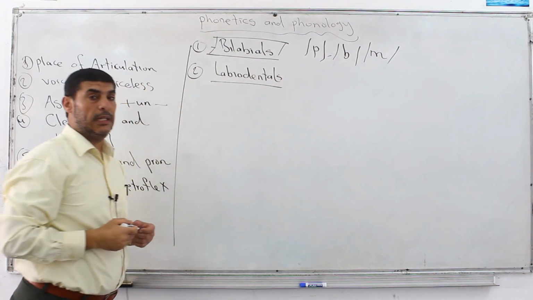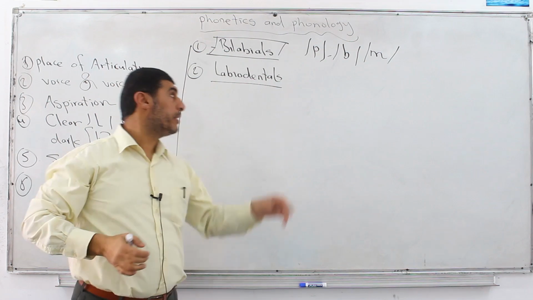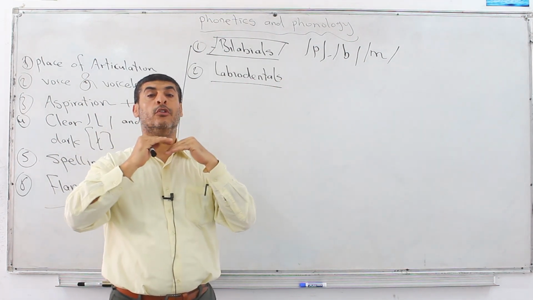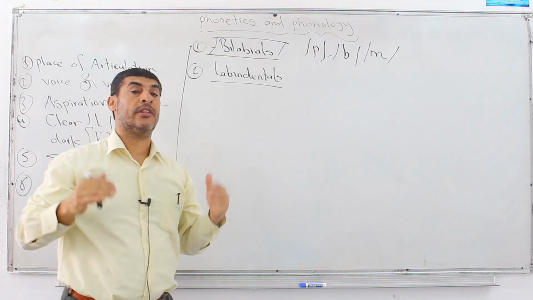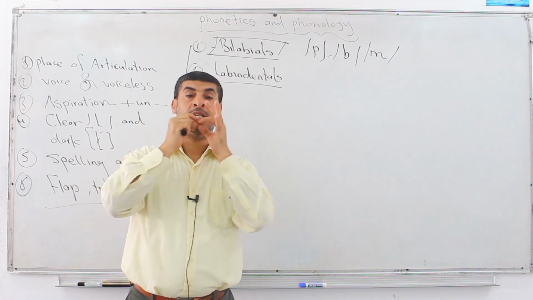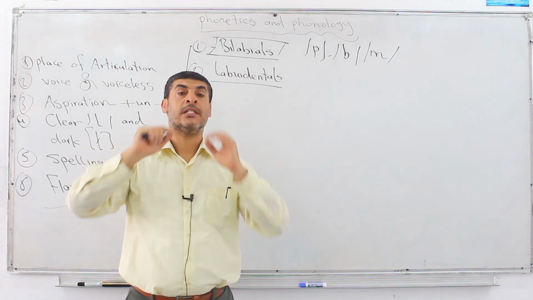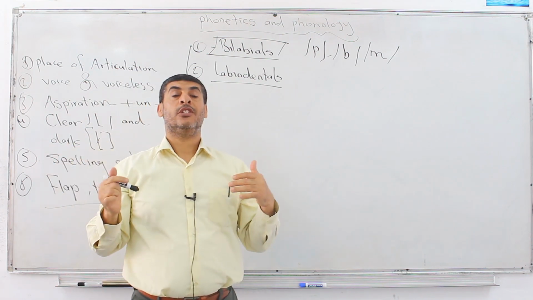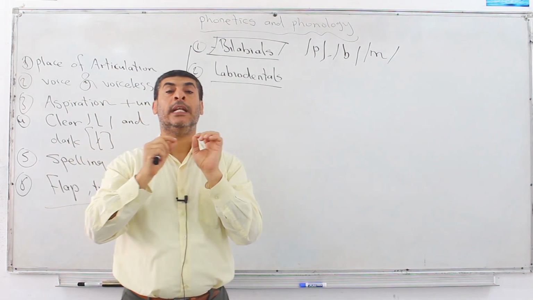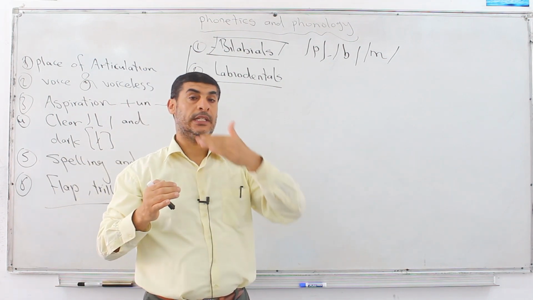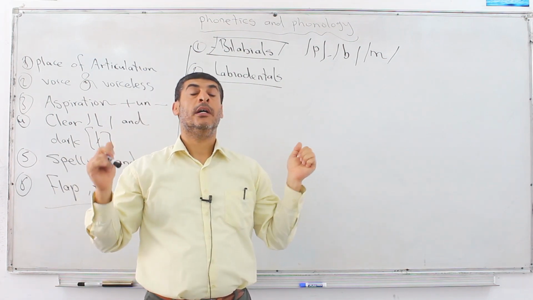What is a labiodental? A labiodental is a sound produced when the lower lip goes up to touch the upper teeth. I try to say va and fa. You see that the lower lip touches the upper teeth. As you see, the lower lip and the lower teeth go up and down sideways, but the upper teeth and upper lip are fixed.